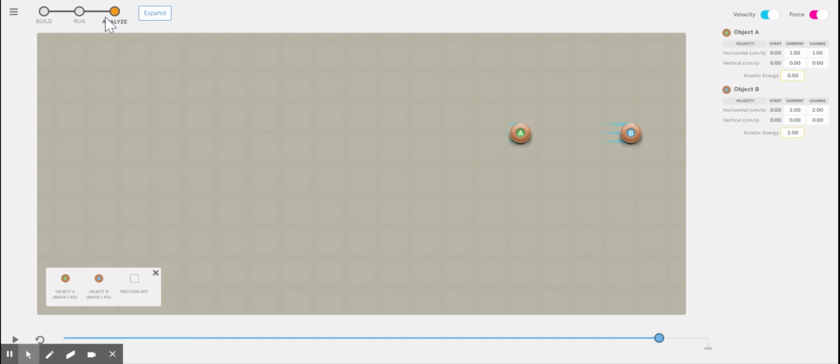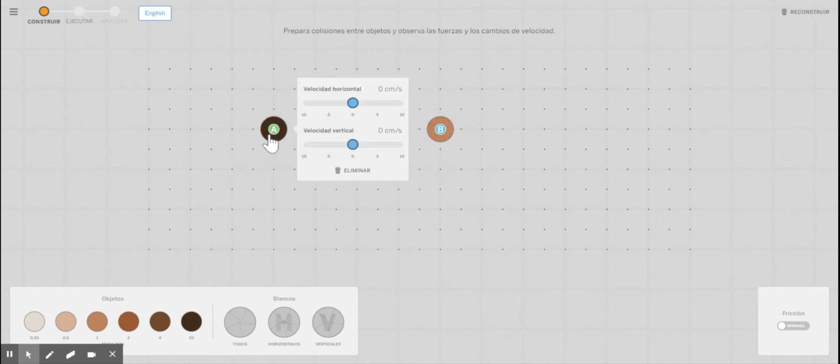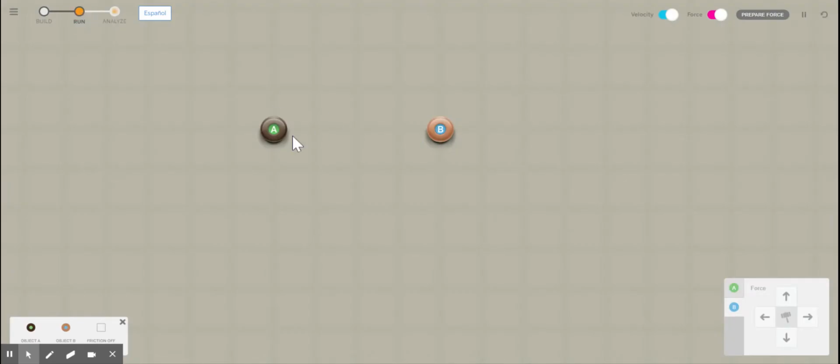So I can make all of these different observations. We've tested different masses, the same mass. We've tested not moving, moving. I'm also going to just see what happens if I have a heavier mass and a lighter mass, and the heavier mass is doing the collision.